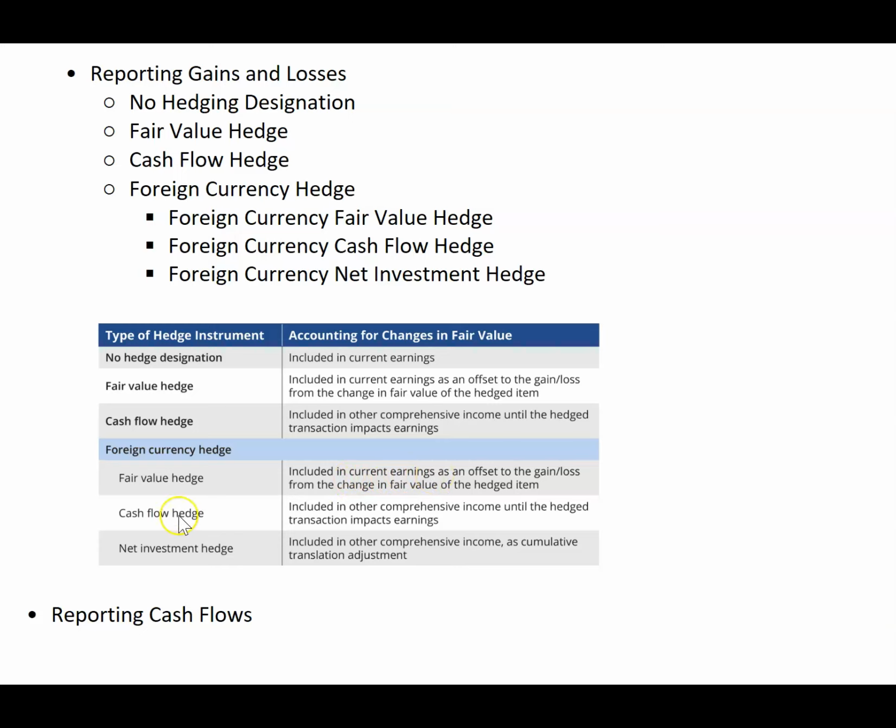For cash flow hedge, you initially include it under the stockholders equity part as other comprehensive income, and then when the hedged item impacts your earnings and offsets your losses, you reclassify and show it in your income statement. For net investment hedge, you include it in other comprehensive income as cumulative translation adjustments.